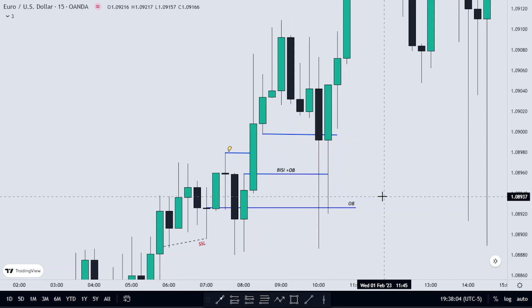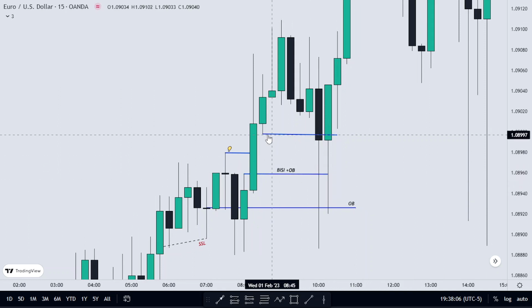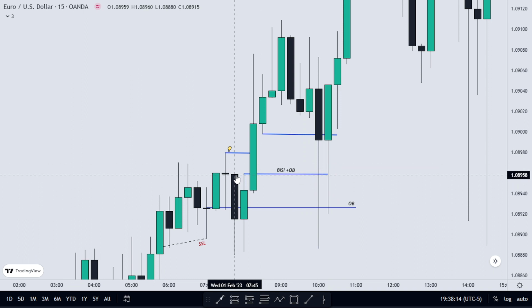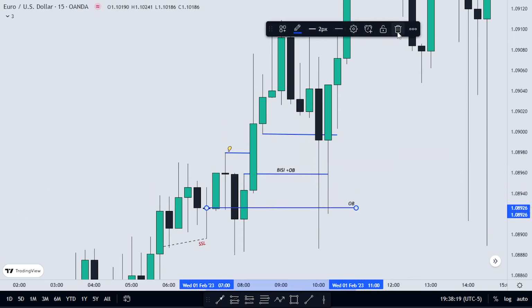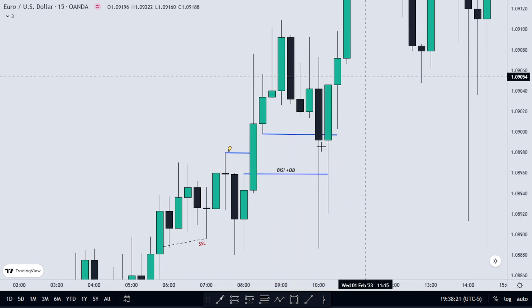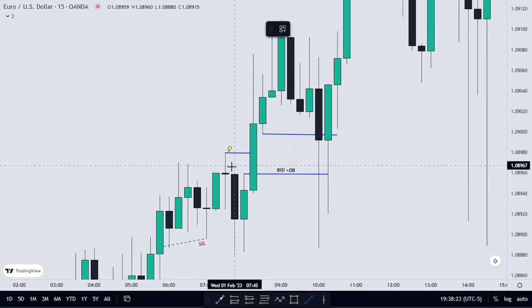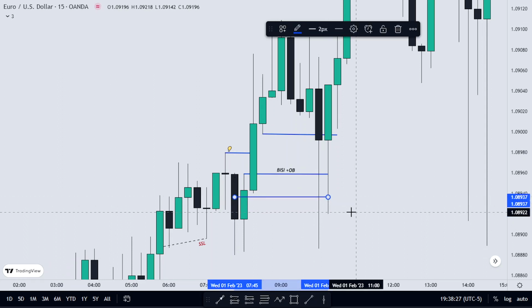And see what price left behind. Price left behind this buy side imbalance, sell side inefficiency, as well as this other block, the main threshold of this other block, that's the 50%, being this level.